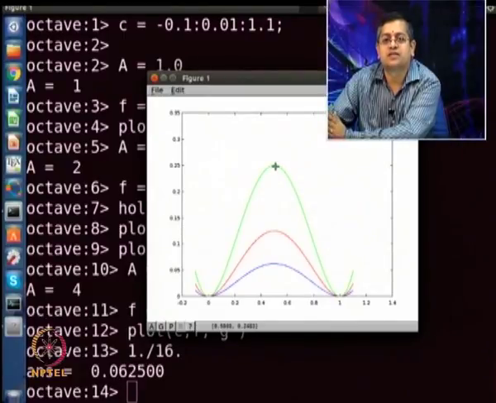So, basically what we are saying is that A by 16 is the barrier height, and you can see very clearly from this figure that you have a minima at 0 and minima at 1, and you have a maxima at 0.5. So, this is the A c squared into 1 minus c whole squared curve.